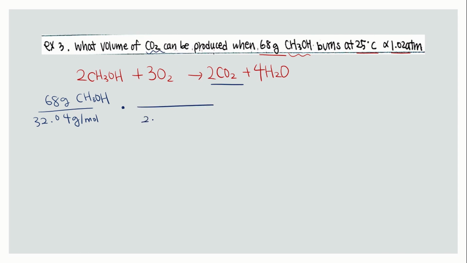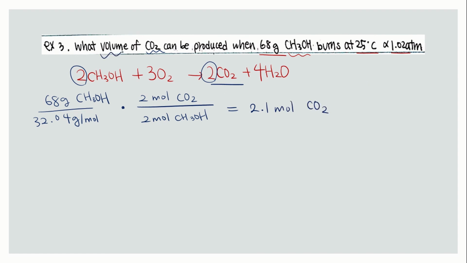So you have 2 moles of CH3OH and 2 moles of carbon dioxide, because you have the coefficient of 2 for both. Then you get 2.1 moles of carbon dioxide.